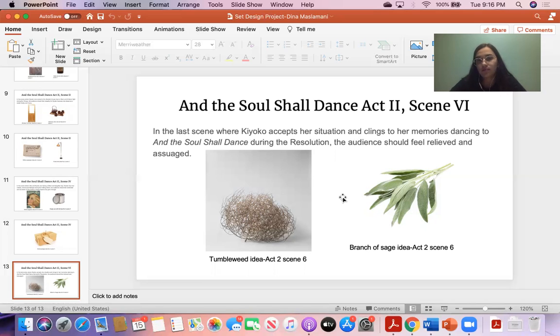And as we previously saw, she lost her money because Oka used it for Kyoko to buy her clothes, do her hair, shoes, food, all of that stuff. So I think the branch of sage is used to represent that healing that Emiko is facing and her new life. And that's it.